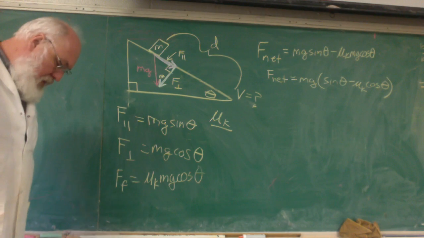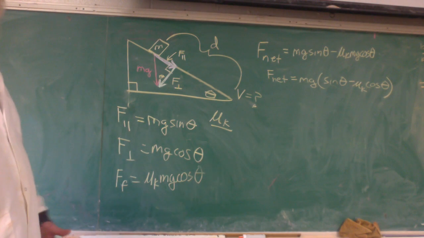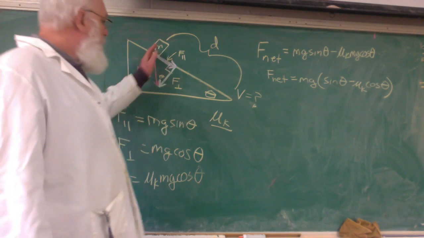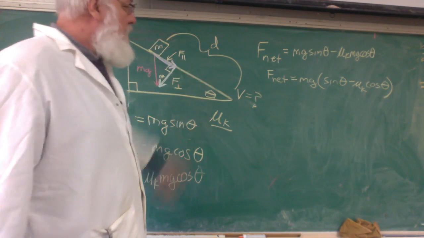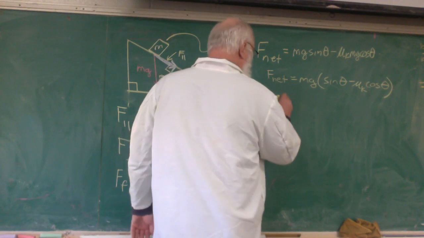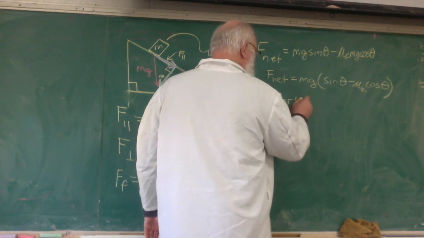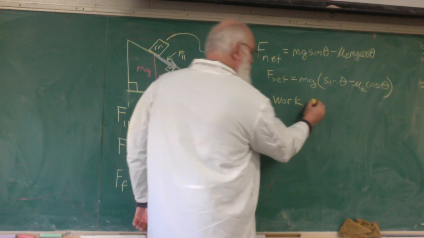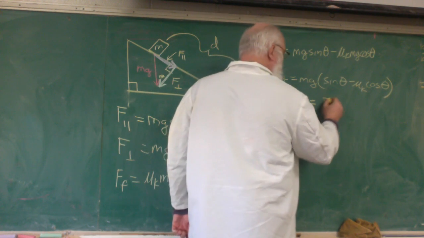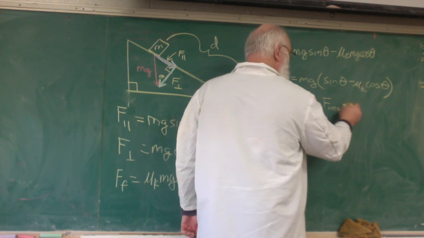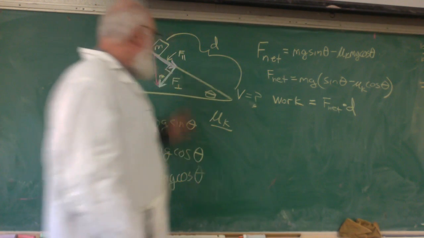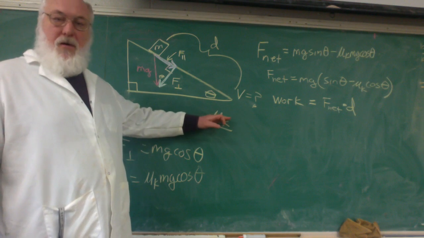Now, if we figure out the distance it goes, and that force is going to be applied over a distance, there'll be work done by this net force. So the work is going to be equal to the net force times the distance. Okay, it's going to slide down there. That'll be the work that goes into it.